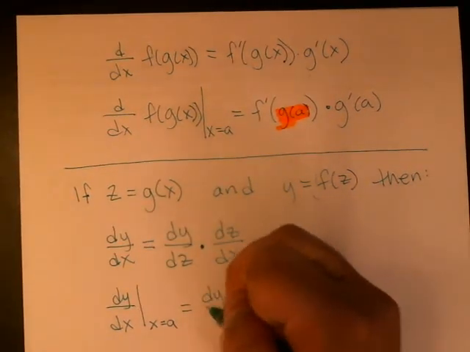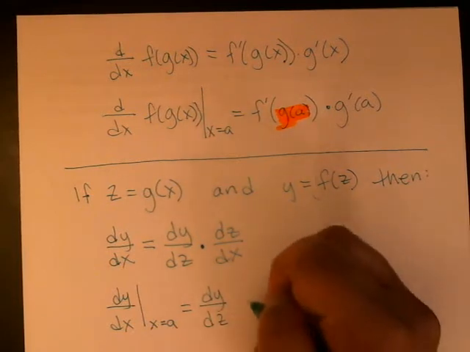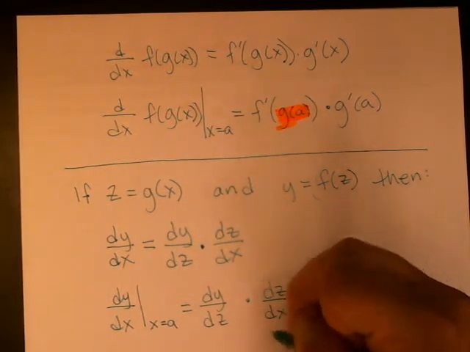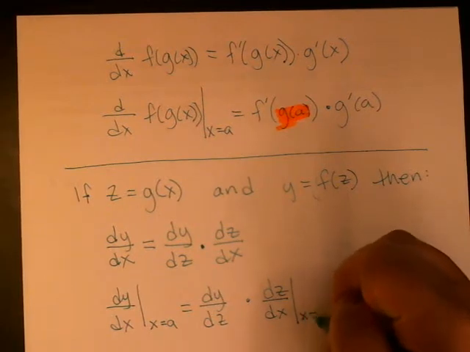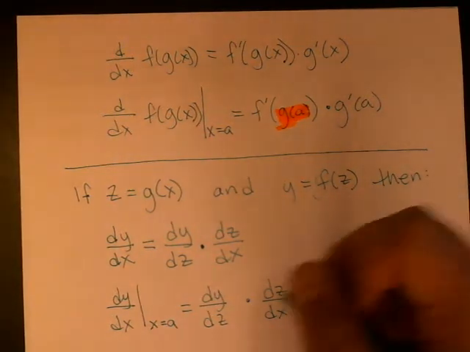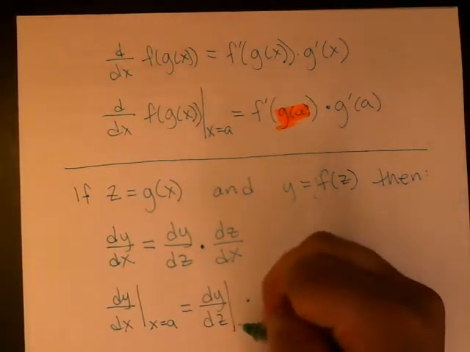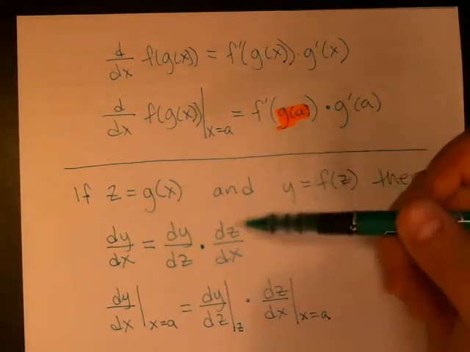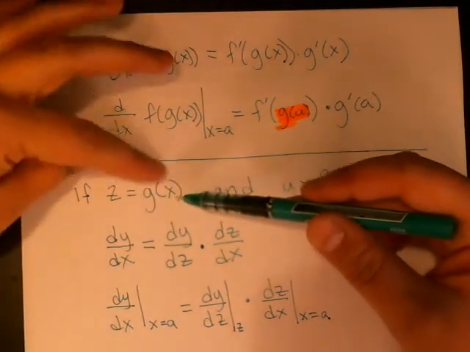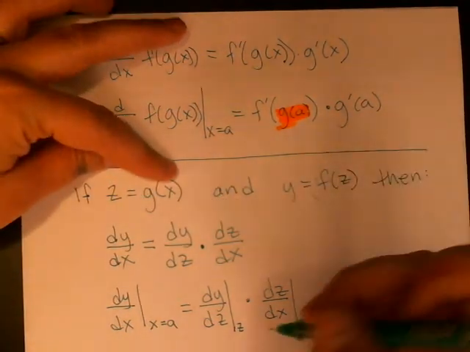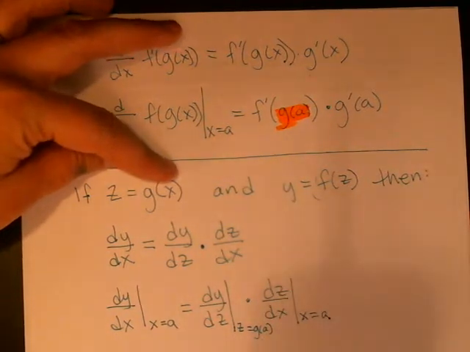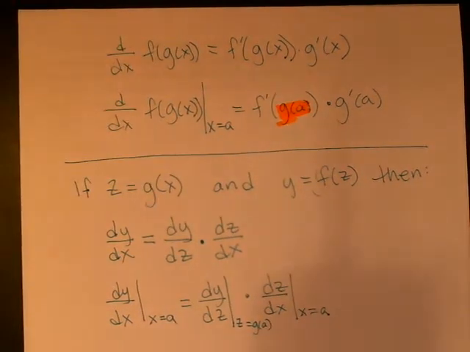Part of it is easy: dz dx is a function of x, so it should get evaluated at x equals a as well. But dy dz needs to get a z value plugged in, not an x value. So if we know an x value and we want a z value, we would plug that x value into function g. So it's just like before.